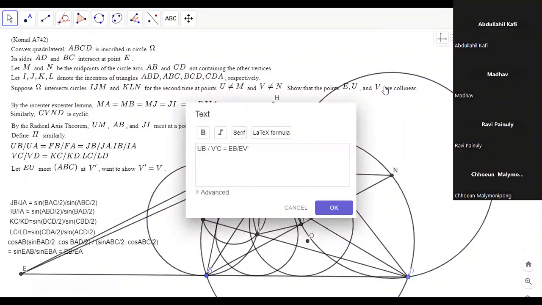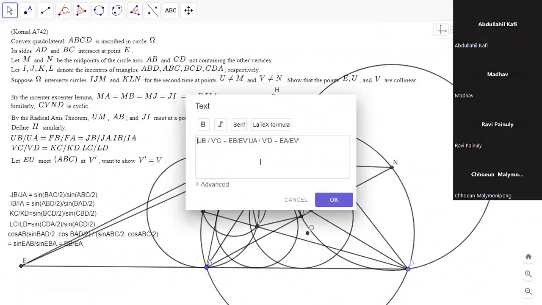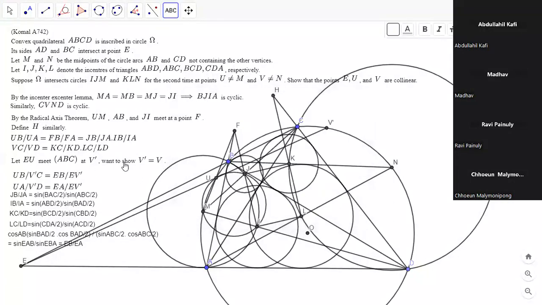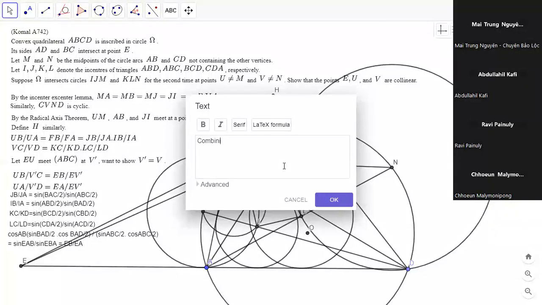Got to do it all at once. All right, combining all the above, we find VC over VD equals V prime C over V prime D. That means V prime equals V, which means that E, U, and V are collinear.